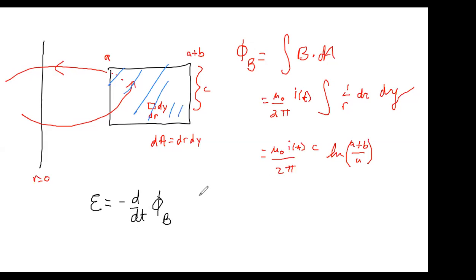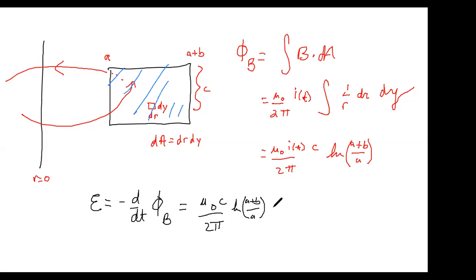I'm going to have all these numbers out front, so I'll write them all here once: mu naught c over 2 pi log of (a plus b) over a. These are all just constants as far as time is concerned. And then I have times the derivative of the current.